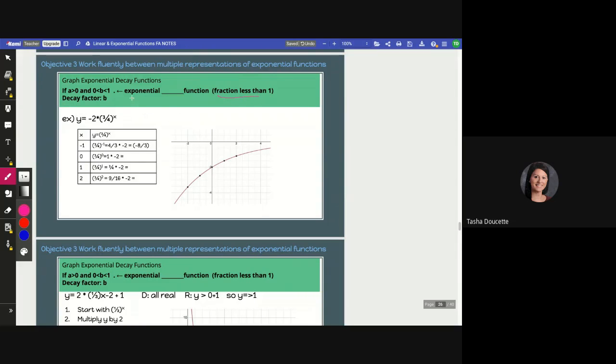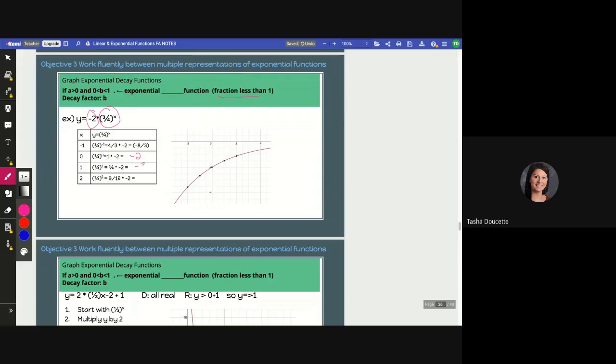Okay, so now we have a fraction that's less than 1 again, so there's a decay, and we have this parent function of 3/4, and we're going to plug our x values into the parent function. Once we do that, we are going to then multiply by -2. Okay, so you can see we have that here. So we have -8/3, we have -2.